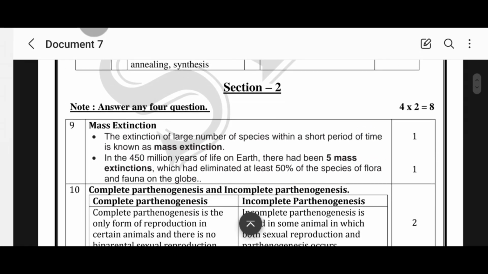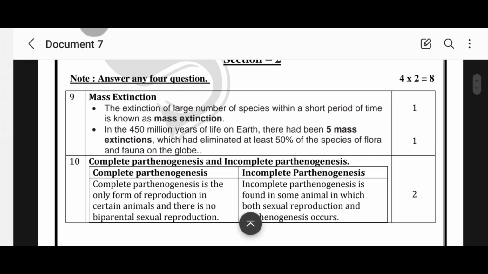Question number 9, mass extinction. The extinction of a large number of species within a short period of time is known as mass extinction. In the 450 million years of life on Earth, there have been 5 mass extinctions which eliminated at least 50% of the species, flora and fauna on the globe.